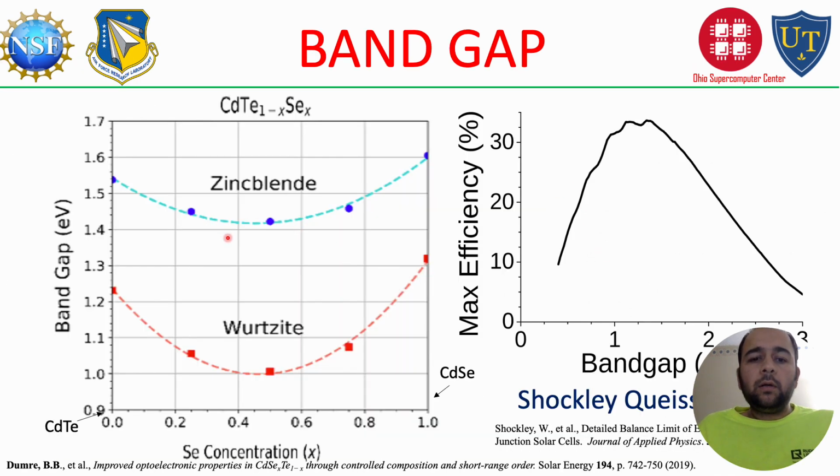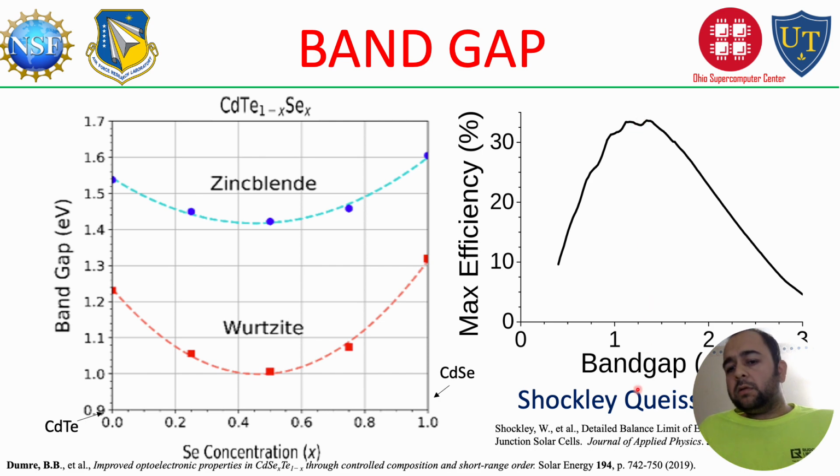Here we have the bowing curves for band gap. We have found that the band gap for both zinc blende and Wurtzite crystal structures are downward bowing. For the zinc blende crystal structure at nearly 40% selenium concentration, we have found that this particular material can be used in order to realize a very high efficiency solar cell.